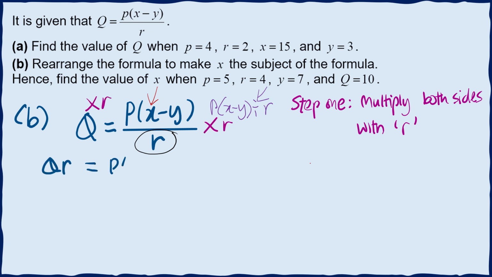And that gives us QR equals to P bracket X minus Y. P bracket X minus Y is equivalent to P times bracket X minus Y, and the opposite of times is divide. So we're going to divide both sides with the letter P.